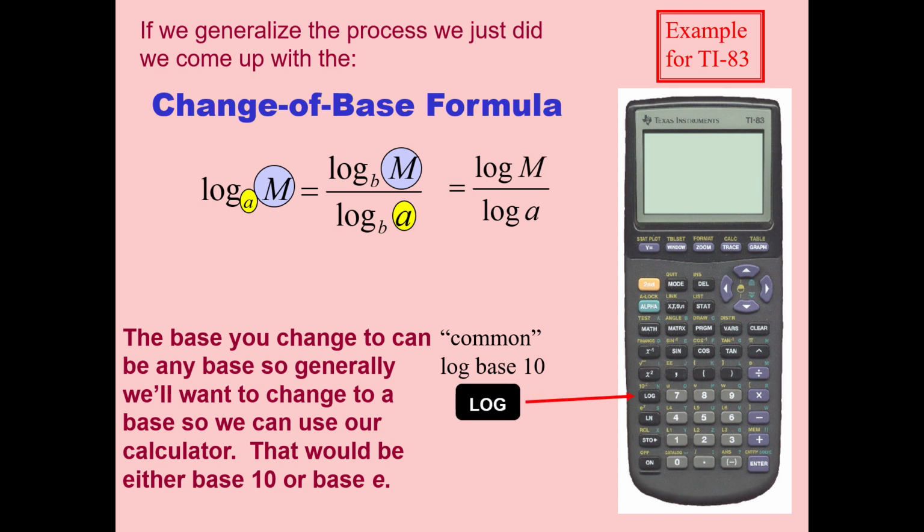Here's the log button. Notice in the formula they have the same base, so as long as they have the same base there. And base e and base 10 are built into the calculator, so those are what you would change it to.